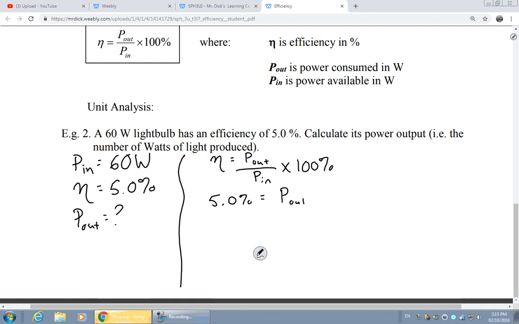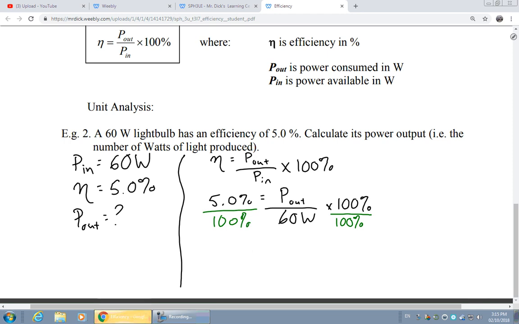That'll be the variable I'm still trying to solve for, but that's divided by 60 watts, and then multiplied by 100%. It's best if we try and get rid of that 100% part first. So if it's multiplied on the right side by 100%, I can divide that side by 100%. And I'm allowed to do a trick like that as long as I do the exact same thing on the other side and divide the left by 100% as well.